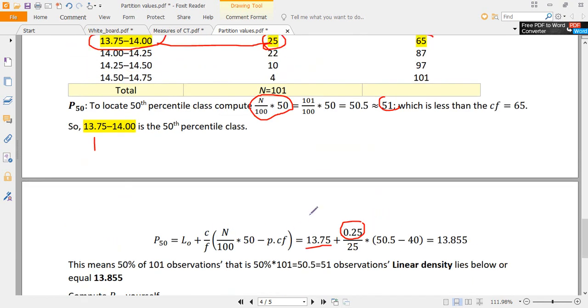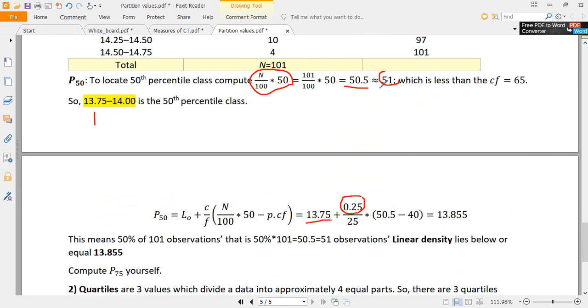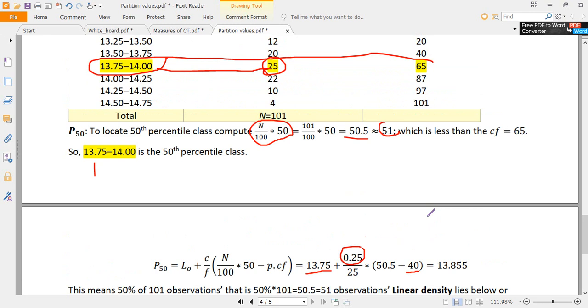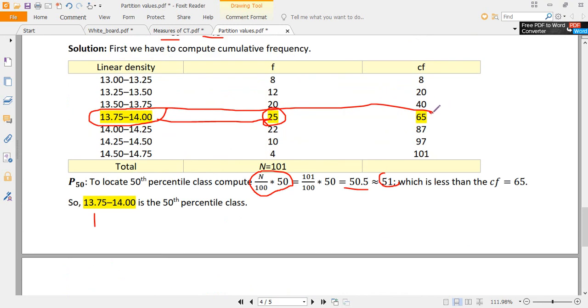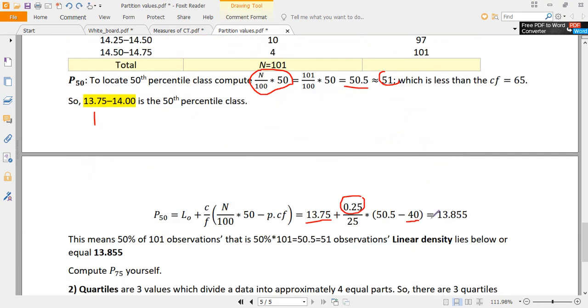And n by 100 into 50 we already have, the value 50.5. In this portion we don't round it, we just take the actual value 50.5. And 40 is the CF of the previous class, so if this is the percentile class, then the previous CF is 40.